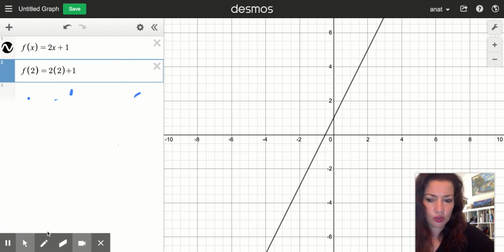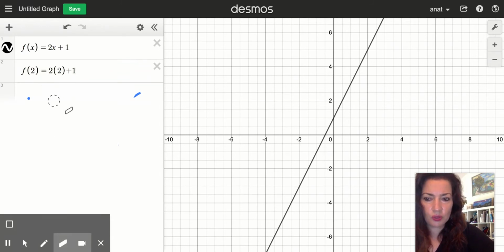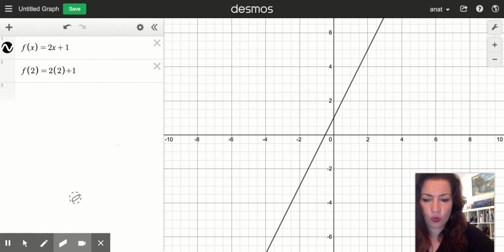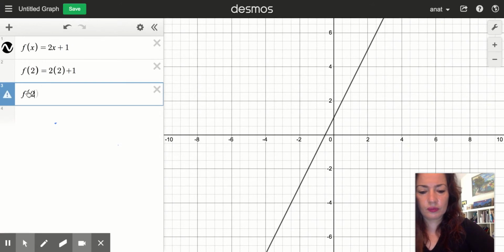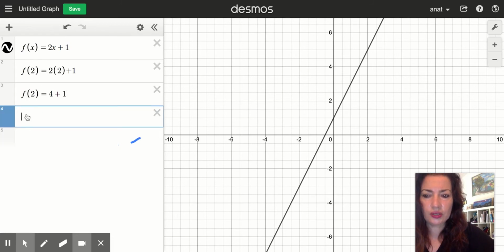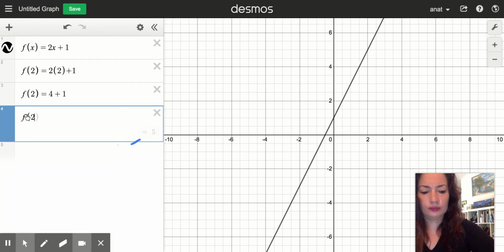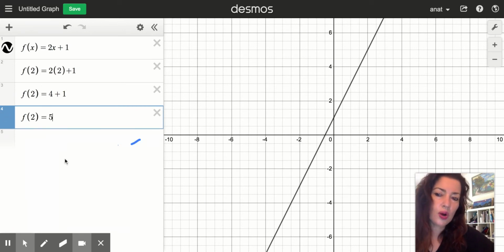Well, 2 times 2 plus 1 is just 4 plus 1, which is actually equal to 5. So what we have done here is our input value is 2 and our output value is 5.